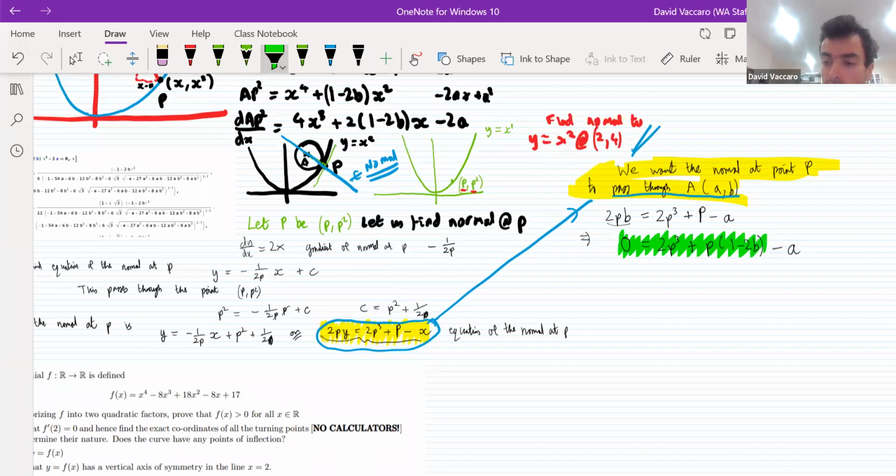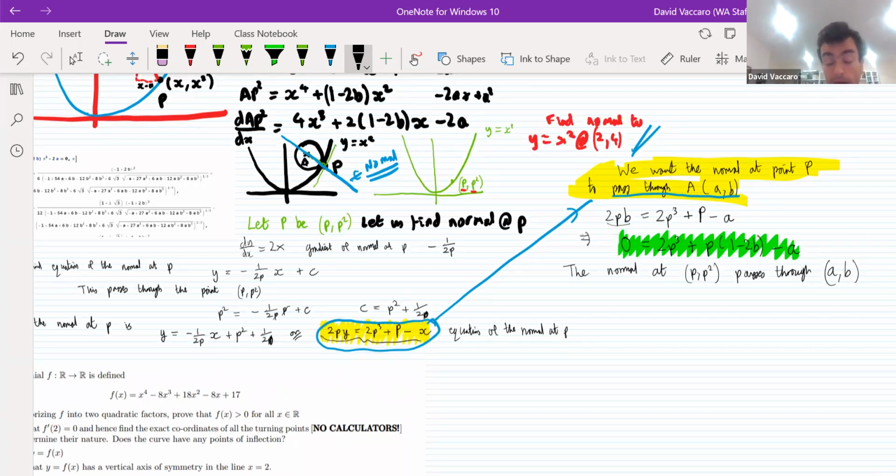So this green condition is the condition that the normal at p squared passes through the point AB.